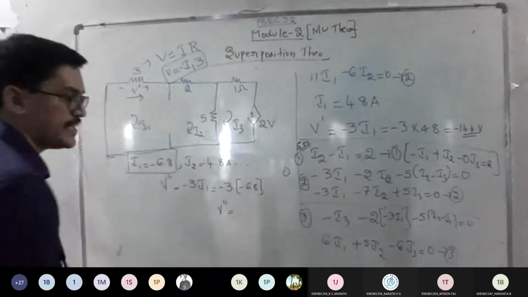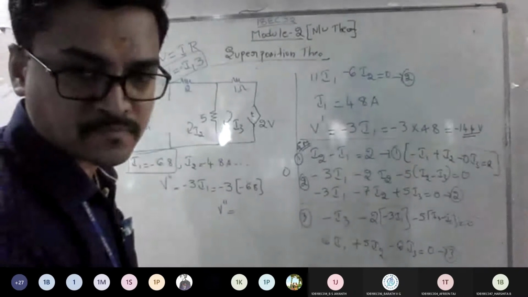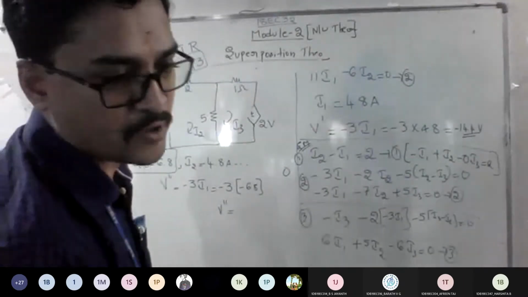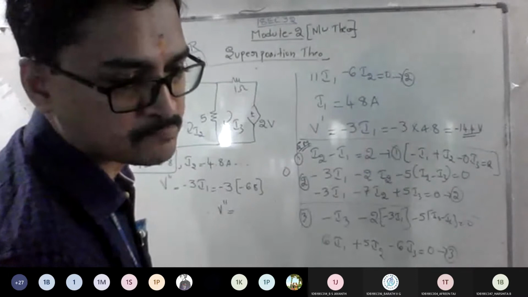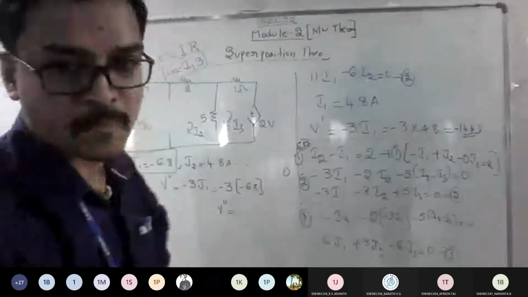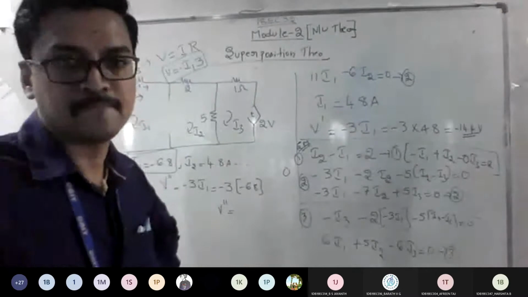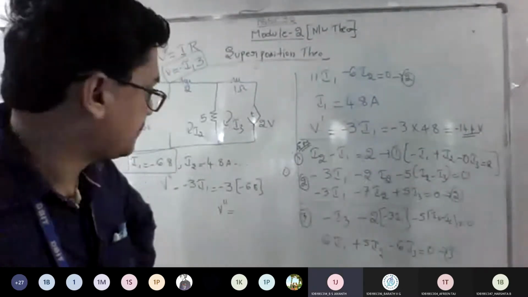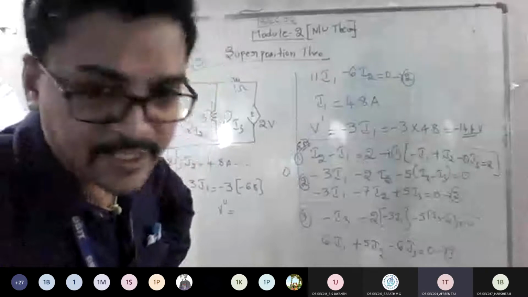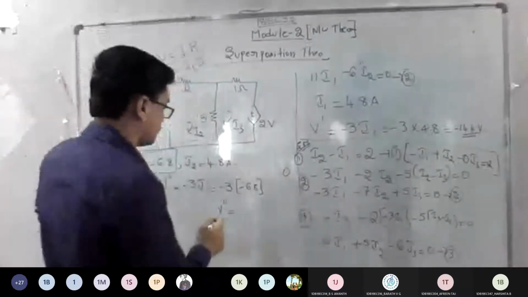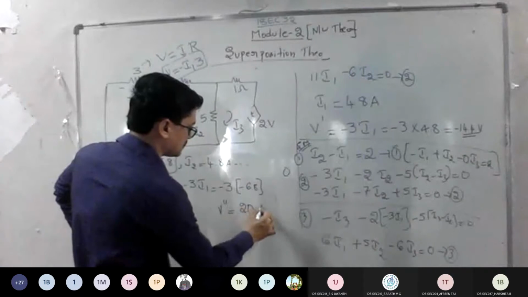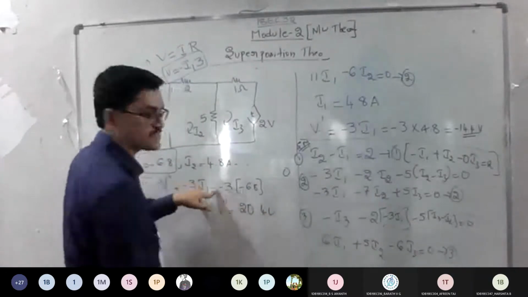What is 3 into 6.8? What is the answer for 3 into 6.8? 20.4. Minus 20.4, sir? See, minus becomes plus here.